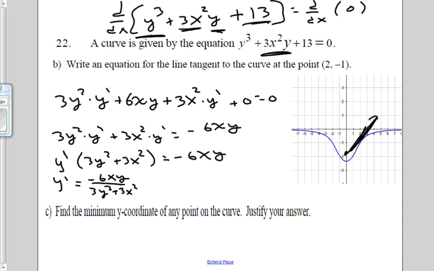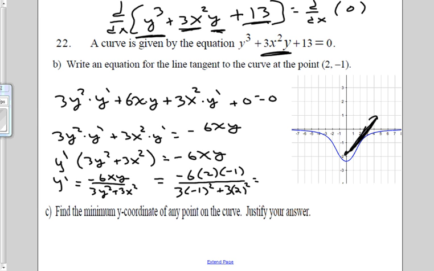And we want to find the derivative when x equals 2 and y equals -1. So at that specific point, we will put in 2 and -1 for x and y respectively. We get -6 times 2 times -1 all over 3 times -1 squared plus 3 times 2 squared.